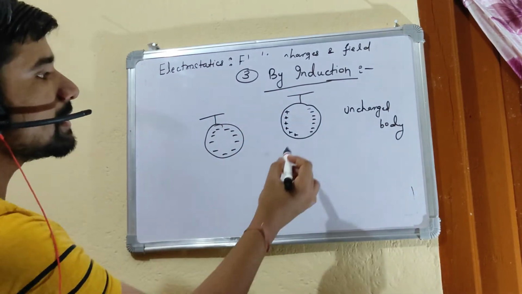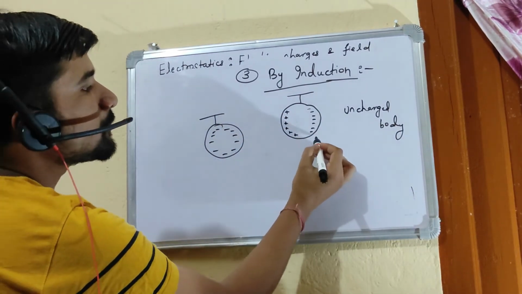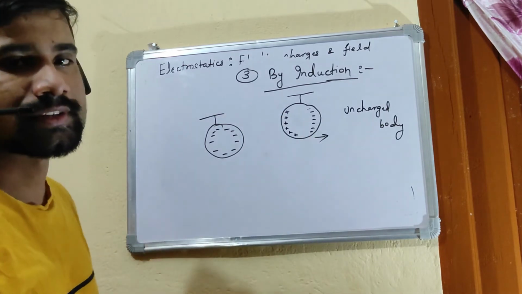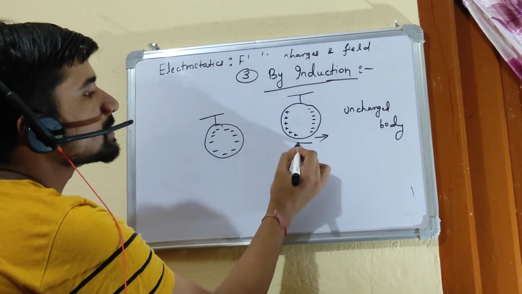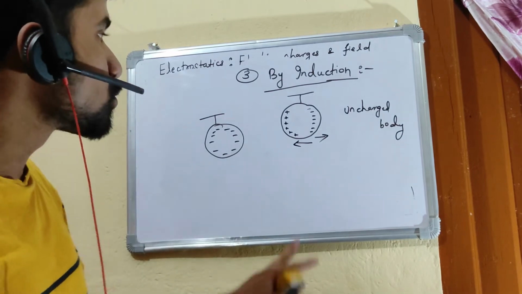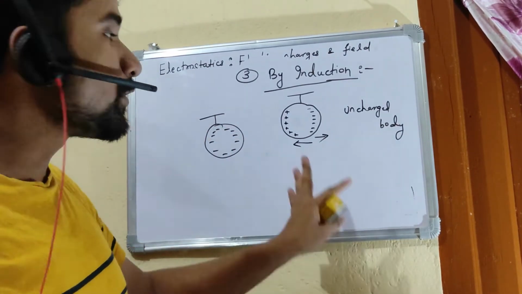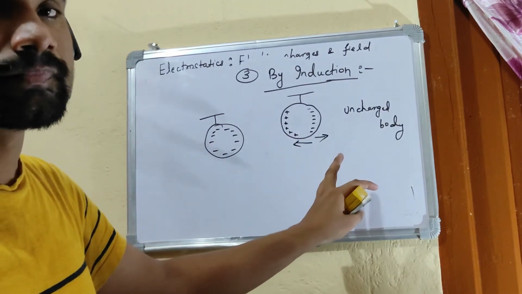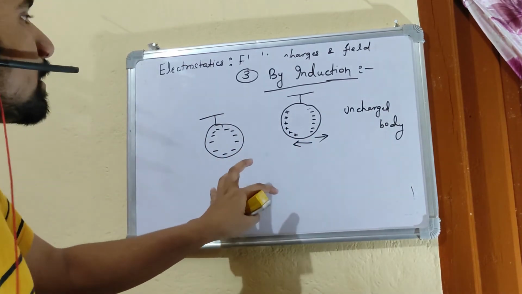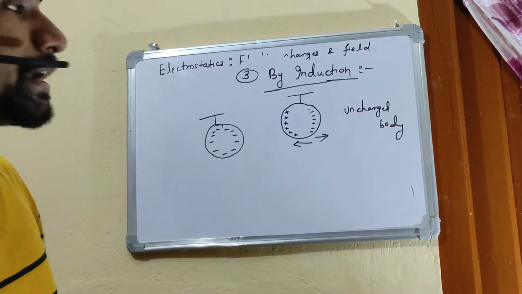Now you see that the center of negative charge is shifted to the rightmost side, and the center of positive charge is shifted to the leftmost side. So without even bringing these two objects into contact, we have induced a charge in them, and this is the method of induction.